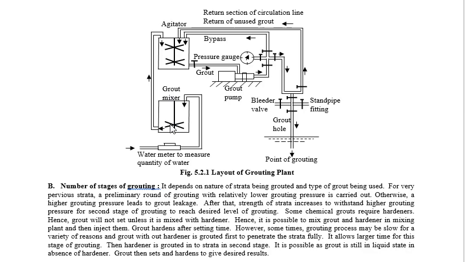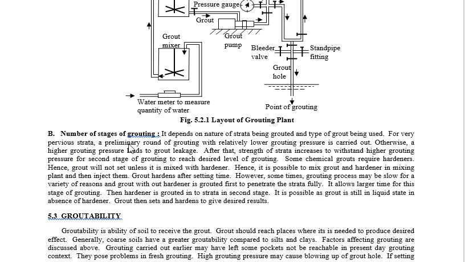The second one is number of stages of grouting. In this there are two steps, the initial step and the second step. In the initial step, for example, if you apply high pressure grouting to a loose structure, there is leakage or damage or fracturing.